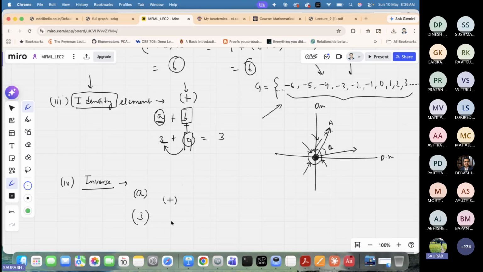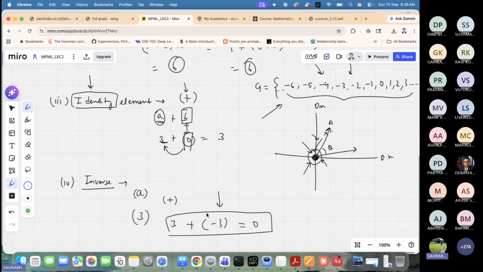Exactly. So 3 can combine with minus 3 and produce nothing, right? So there has to be an element which we call the inverse, that should get combined with the actual element that we have taken and produce our point of reference, or zero.